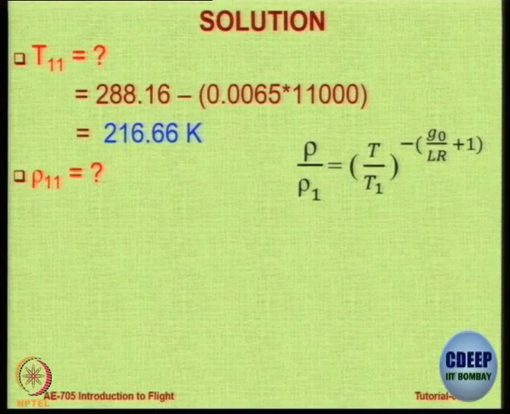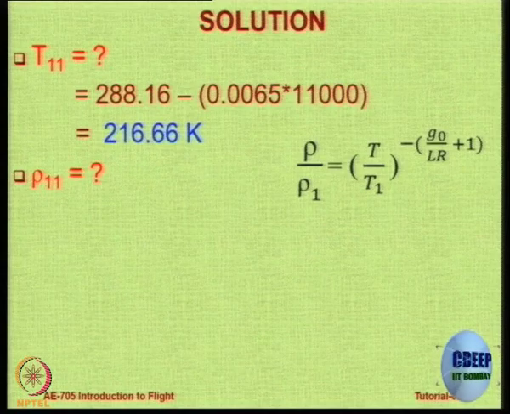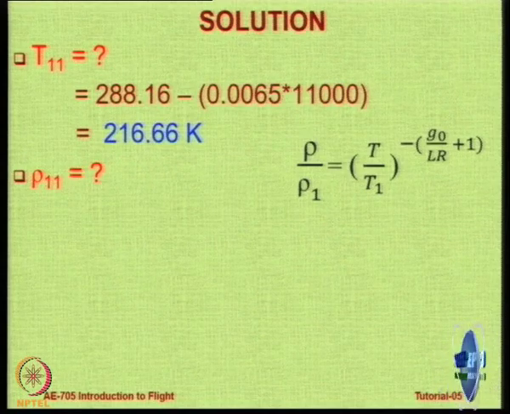So then now you invoke P is equal to rho RT, okay. R is the same constant. Now here we make an assumption that the pressure is going to be the same. So ISA plus 10 or 20 or 30 doesn't change the pressure, it changes only the temperature.